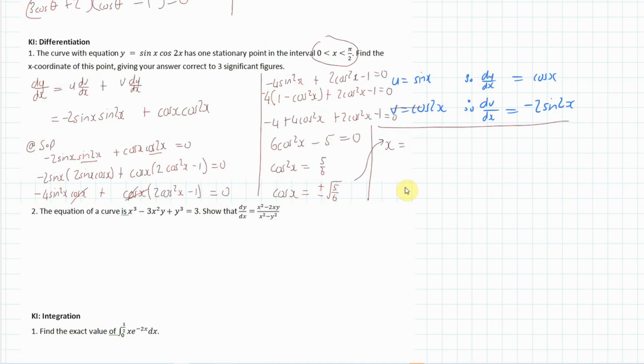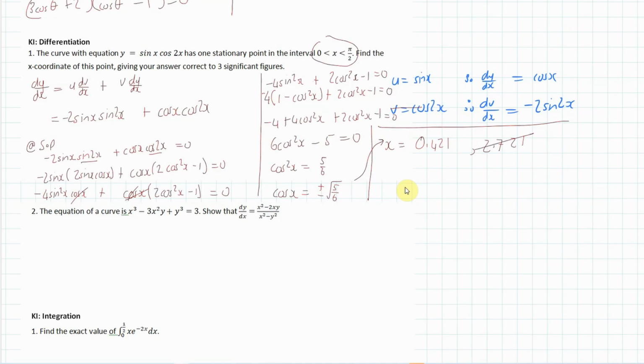Inverse cosine of square root 5 over 6, and I'm getting 0.421. Now, if we do the negative square root 5 over 6, we get 2.72. And this is out of our range, because pi over 2 is less than that. So we're only going to have one in our range.